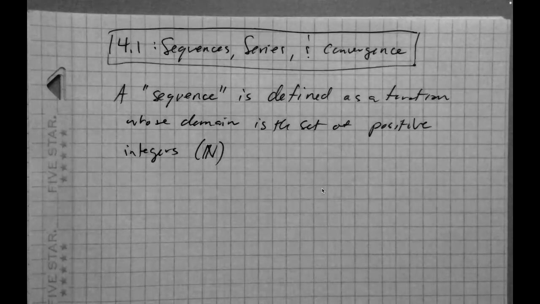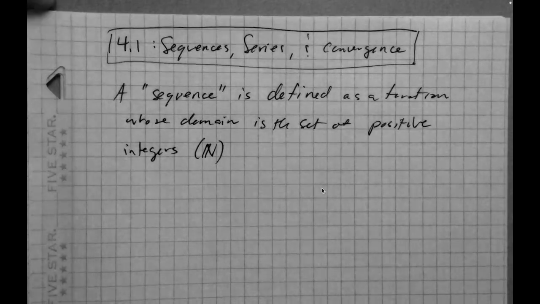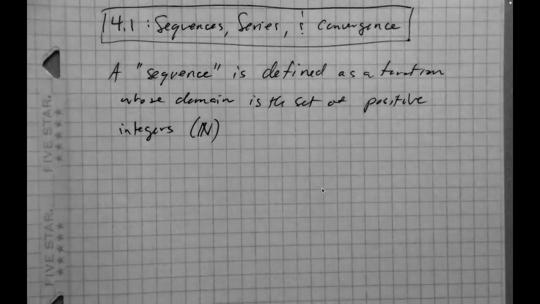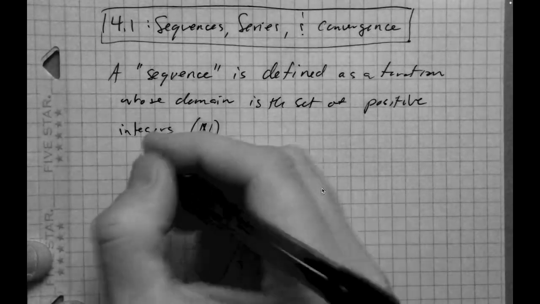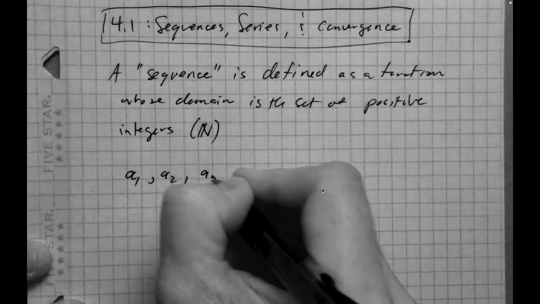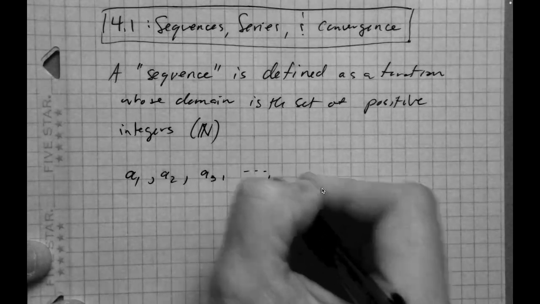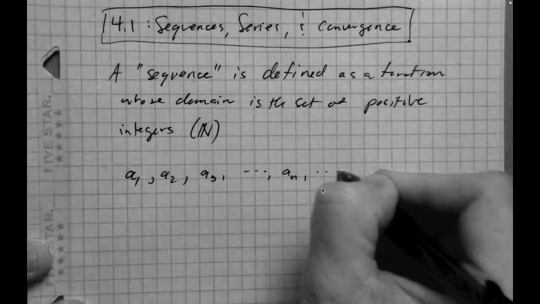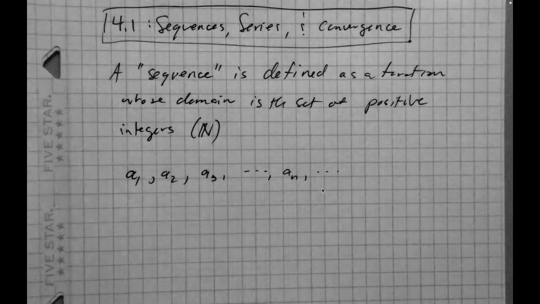It's common to represent, if you're talking about just a generic sequence, it's common to represent them as a1, a2, a3, dot dot dot, a_n somewhere, dot dot dot, and so on. So this is a common way to represent just a generic sequence.